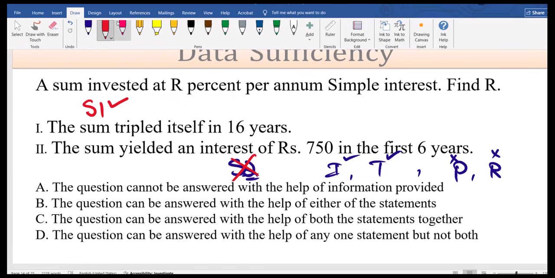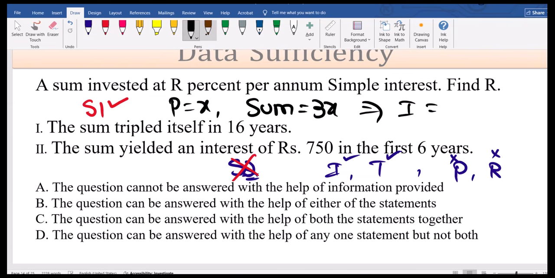You may ask why take 100. If the principal is x rupees, the sum is now 3x, so the interest is 2x. After 16 years the amount becomes triple, so this increase of 2x is because of interest. Now I is 2x, P is x, time is 16, so you can calculate R. The x's get cancelled and we get the R value.